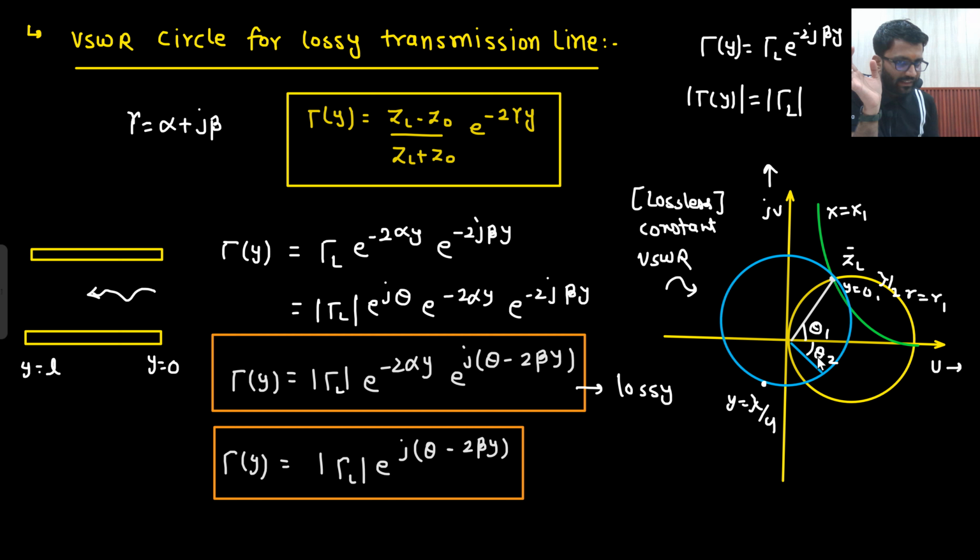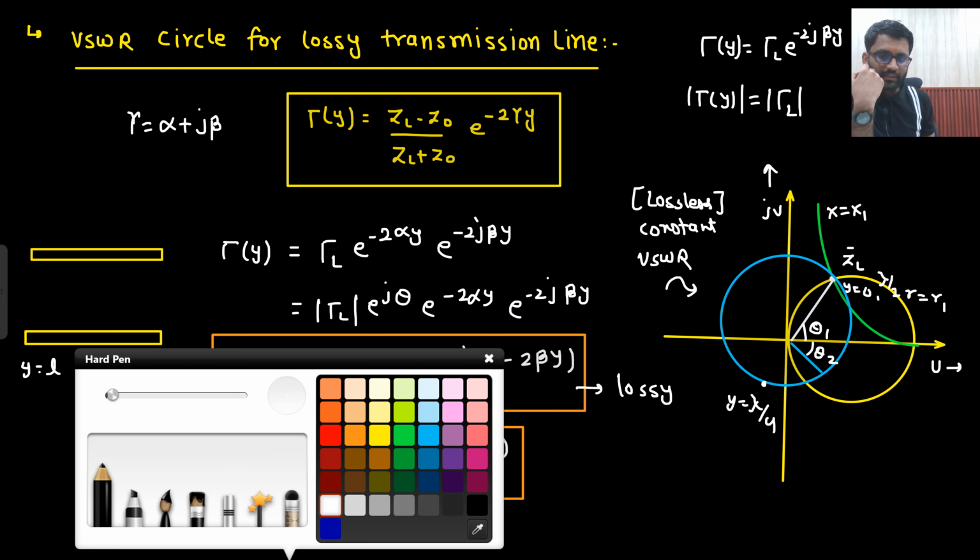Initially it was theta 1, so initially you were at an inductive load, then slowly you are going towards resistive load, then you are going towards capacitive, then again inductive, in that manner only. Angle will be changing as it is, but now the magnitude will be going down because this is decaying. Are you getting this point? So on a lossy transmission line, your magnitude of reflection coefficient will keep on going down. Okay? Is that okay for you?